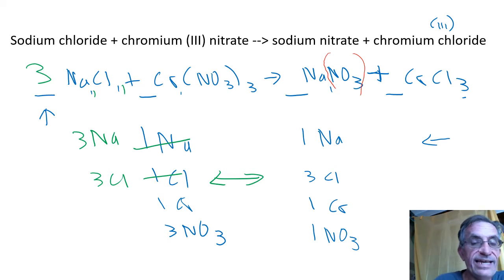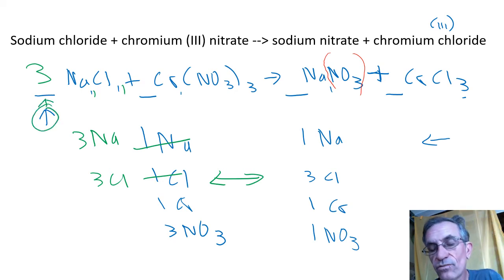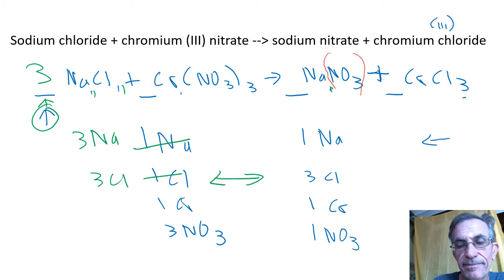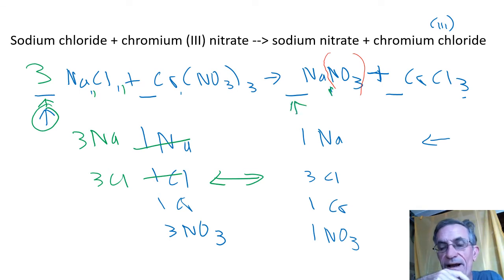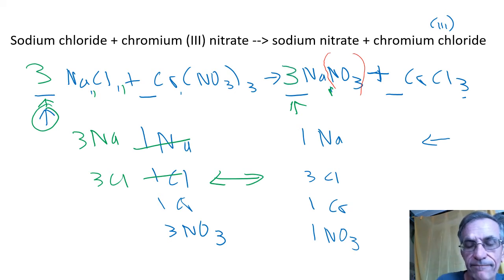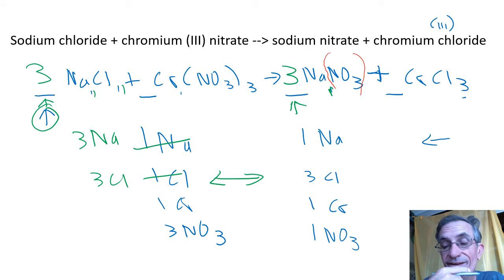With this 3 right here, that gave me 3 sodiums, yet there only seems to be 1 on the right. So I'm going to stick another number right here to get sodium back to being okay. What number goes right there? Oh, I hope you know it should have been a 3. To balance it, you need a 3 there.